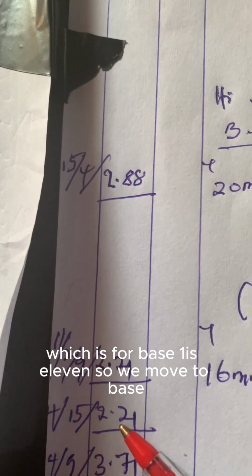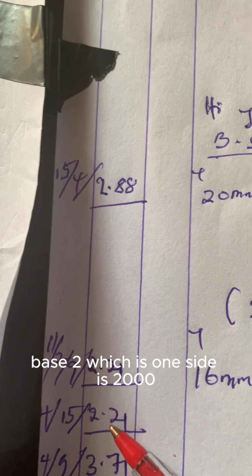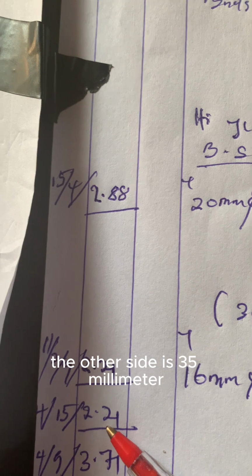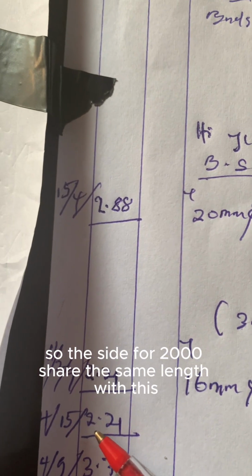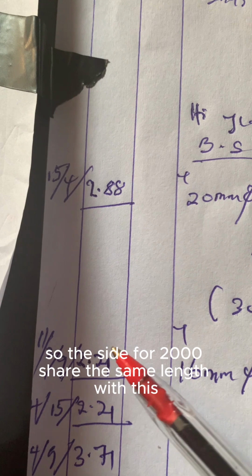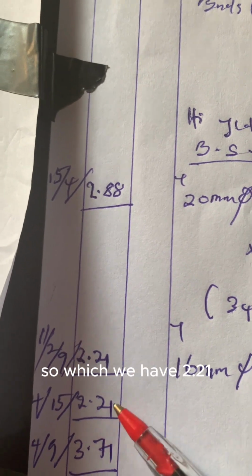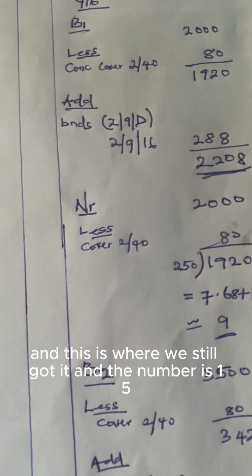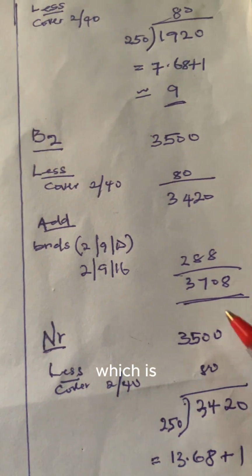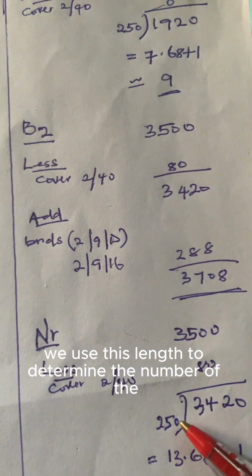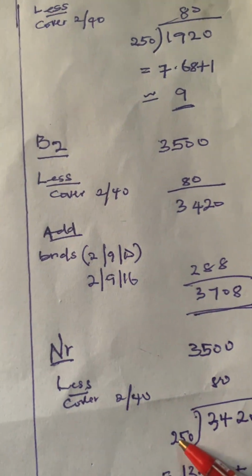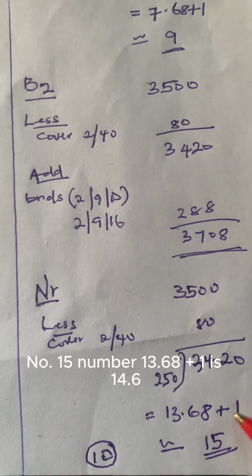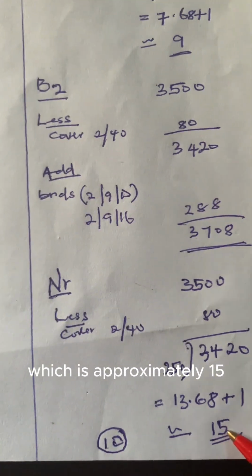So we move to base 2, where one side is 2,000 millimeter and the other side is 3,500 millimeter. The side of 2,000 shares the same length with this, so we have 2.21, and the number is 15, which we use to determine the number for the other side. 15 number, from 13.68 plus 1 is 14.68, which is approximately 15.